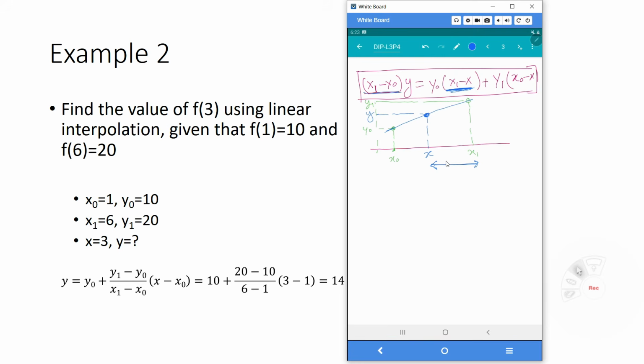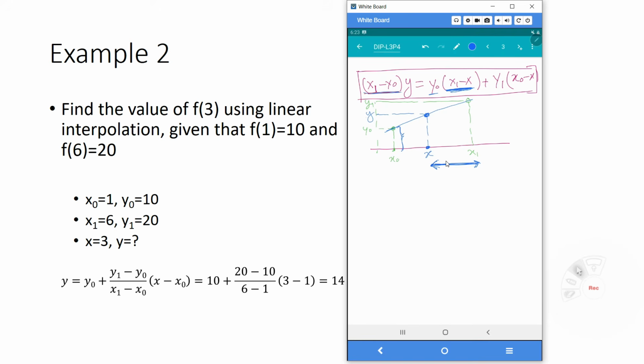So now we just take this distance and multiply it by this y naught, given that we want to calculate the values for y. So how do we do that?